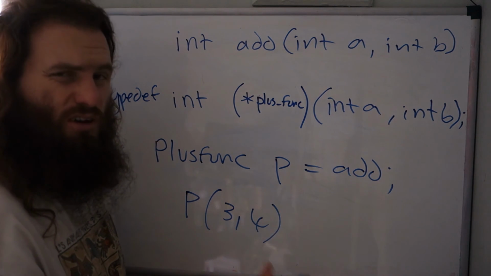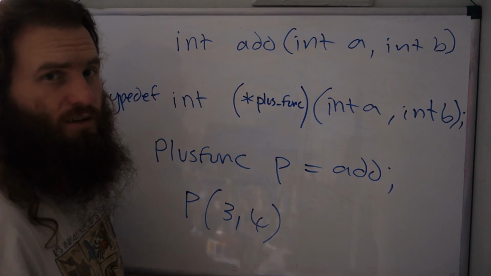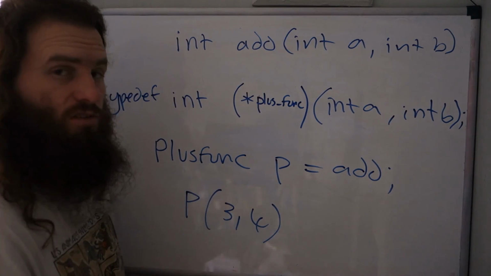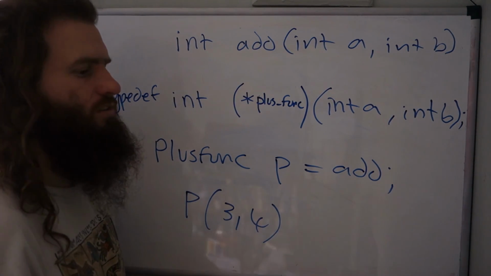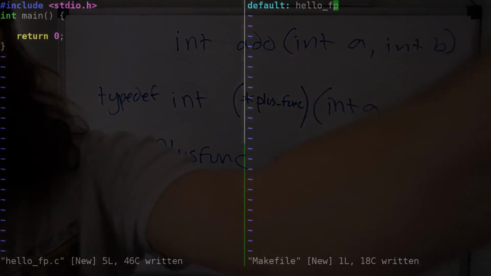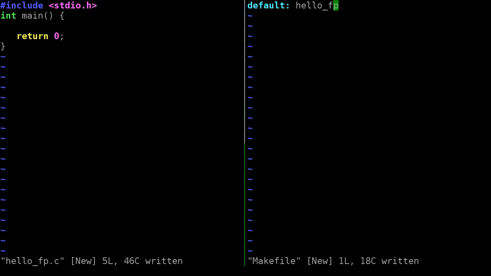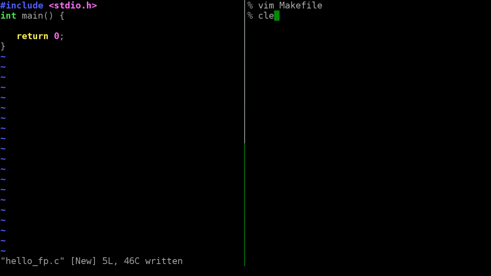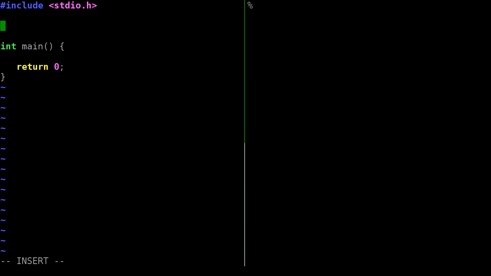It's actually pretty simple. Let's look at an example of that, and then we'll do something a little more complicated using function pointers, which is cool. On the left we've got a file hello_fp.c, and our makefile has one default in it with hello_fp. The first thing we're going to do is define a function which we can then create a pointer to.